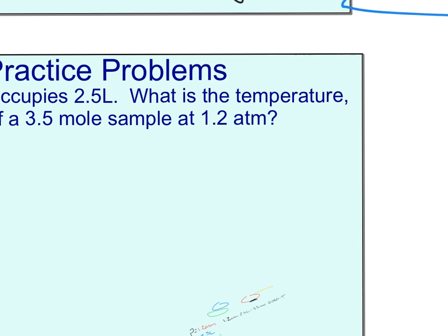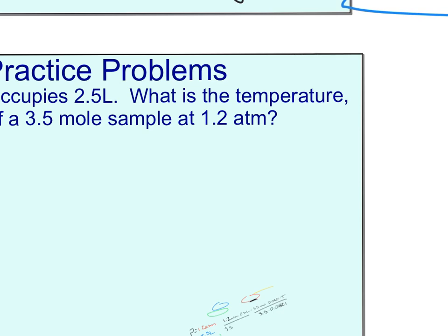If I just want to do this all in one step, what I can do is divide by 3.5 times 0.0821. You can do all of that at the same time instead of doing it in multiple steps. If I do it on that side, I've got to do it on this side.